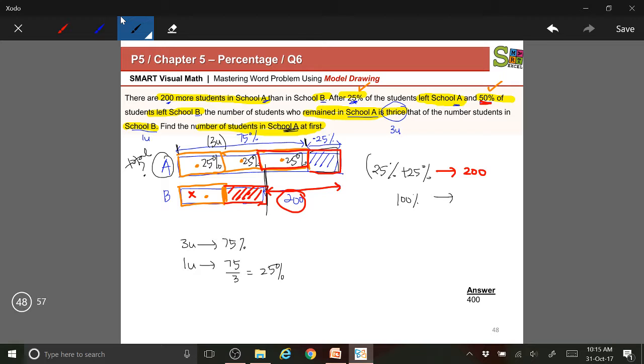So this is exactly 50%, right? So to get here we times 2, so here also we times 2, so the answer is 400. So from here we know the number of students in A is 400.